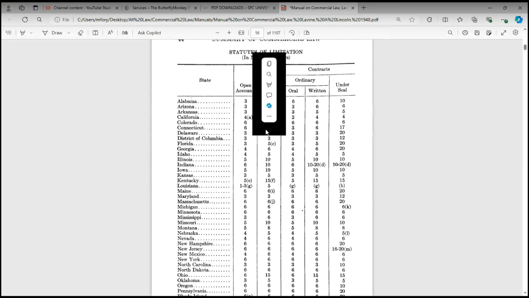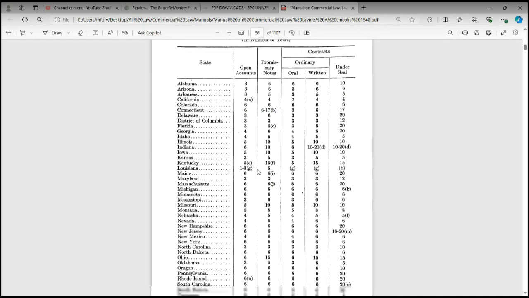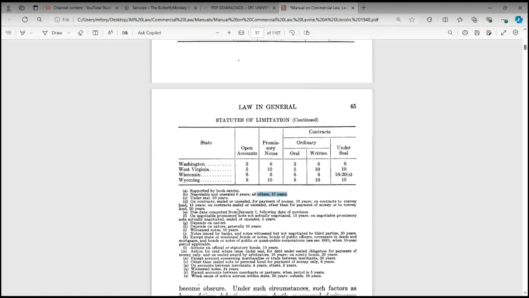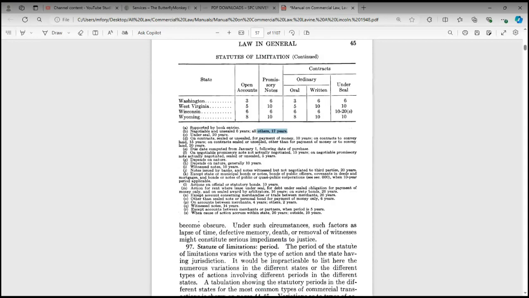Promissory notes have a 6 to 17 year statute of limitations. But then they give you something here. Negotiable and unsealed is 6 years. All others, 17. On contract, sealed or unsealed for payment of money, 10 years. On contracts to convey land, 15 years. On contracts sealed or unsealed, other than for payment of money or to convey land, 20 years.